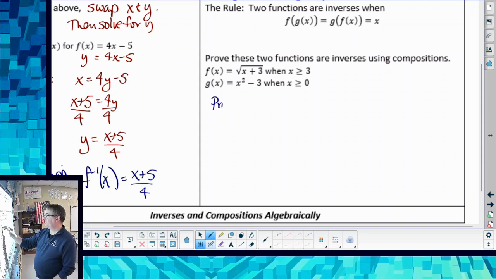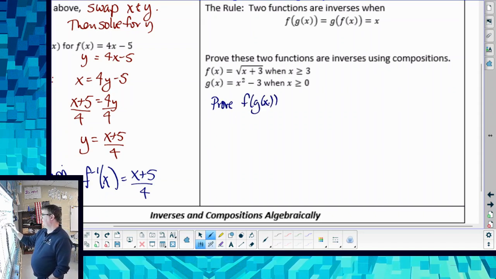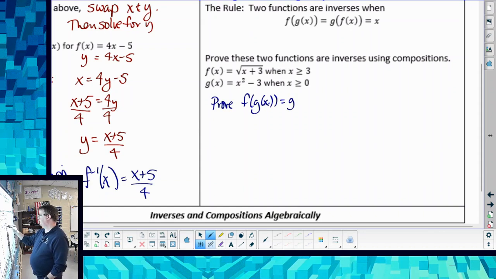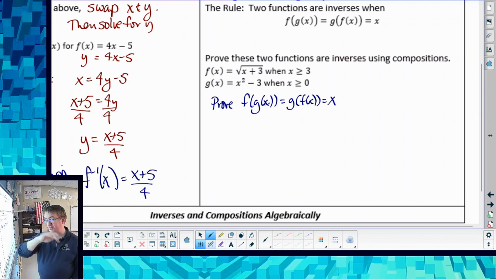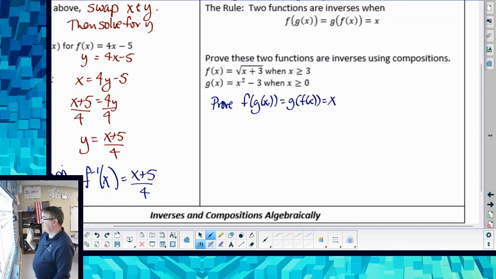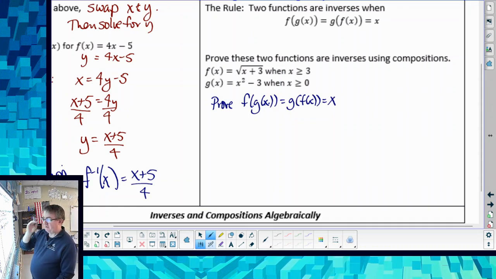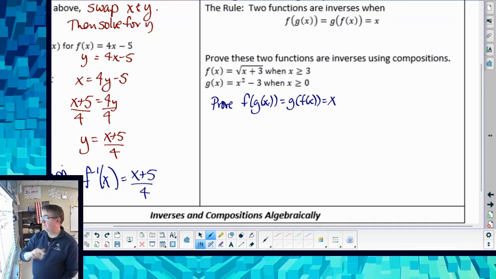We're going to prove that f of g of x is the same thing as g of f of x, and that's going to equal x. Now, if they say prove or disprove, as soon as you have something that doesn't work, you can stop. You don't have to do both sides. But at least the way that I teach it initially, we do it where you're proving that they always work, and then in pre-calculus, they kind of give you both.